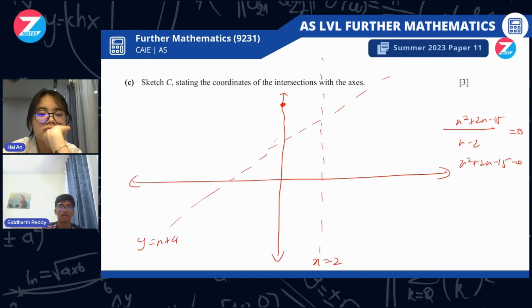So you have minus 5 and 3. So just guessing from all these clues, we can draw the approximate shape of the graph. It is something like this.